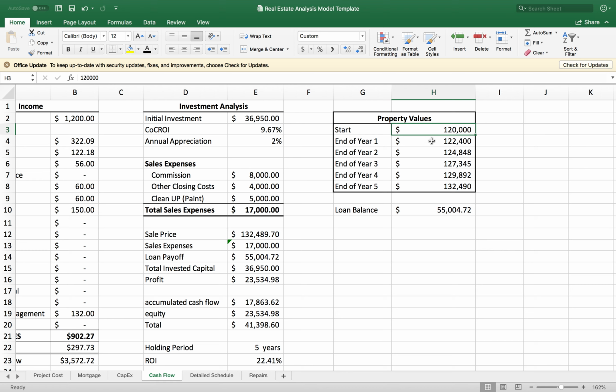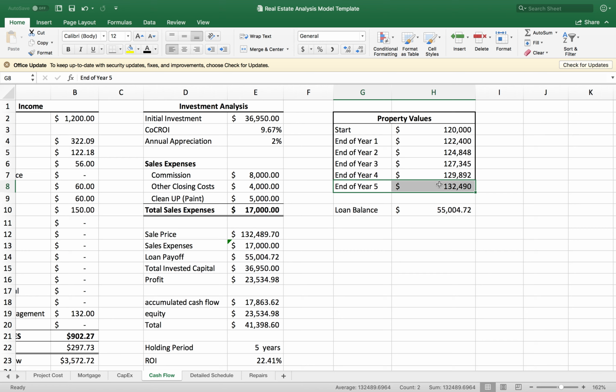Each year my property has increased 2% in value due to demand in the area, or simply because property values go up over time. So I've accounted for a 2% appreciation each year, and by year 5, my property is now worth $132,490. This is the price where I'm going to get ready to sell my property.